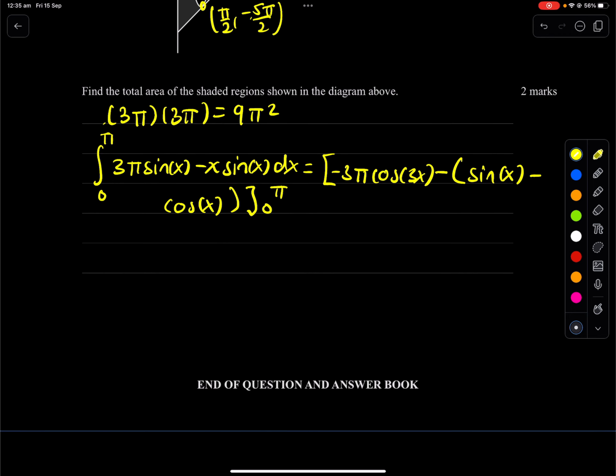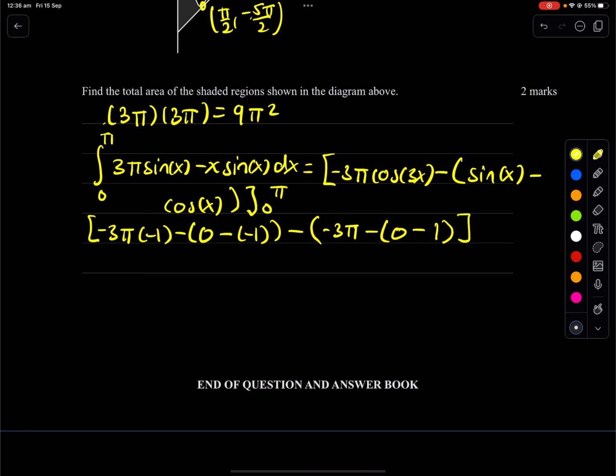So we're saying, okay, negative 3 pi. What's cos pi? It's negative 1. Minus, what's sine pi? It's 0. Minus, what's cos pi? It's negative 1. Then minus, if we sub in 0, cos 0 is 1, so it's negative 3 pi, minus, sine 0 is just 0, minus, if we sub in 0, it's just 1.